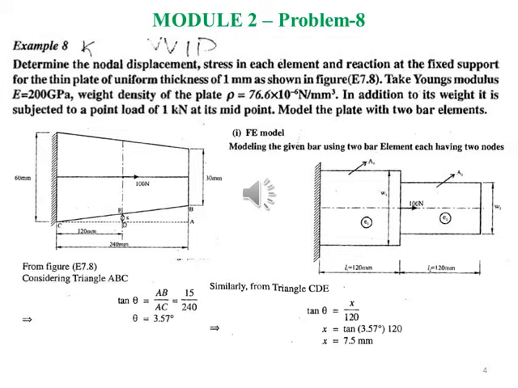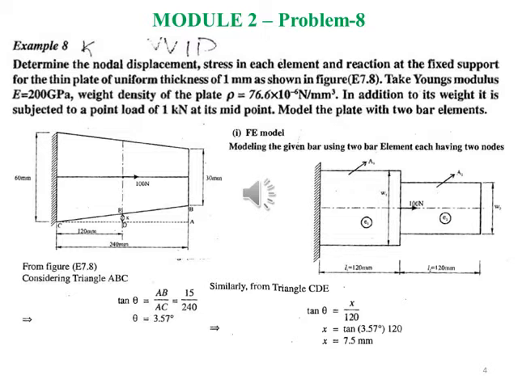Now coming to the smaller triangle, that is CDE. We know that theta is 3.57 at C. Similarly, CD is 120 mm. We have to calculate the value of DE. Let us consider the value to be x. So tan theta is equal to DE or x divided by CD, that is 120.